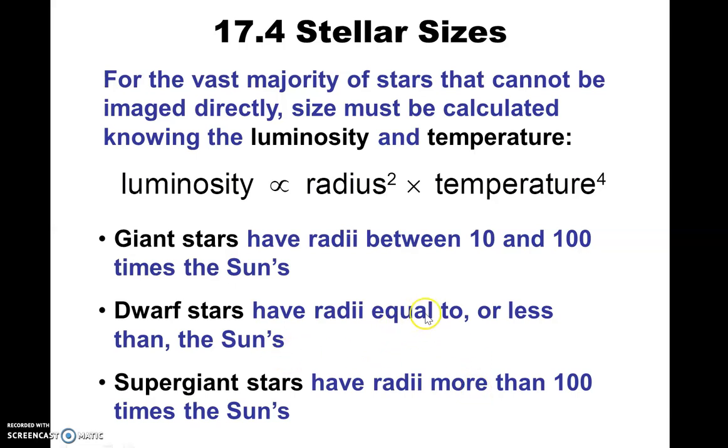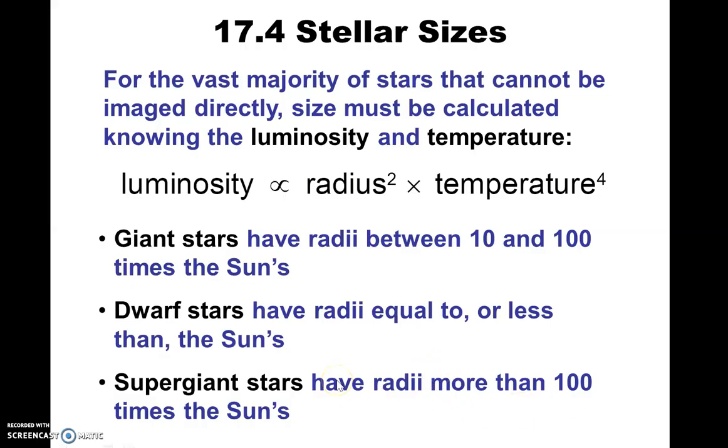Okay, so as I said in the last video, dwarf stars are the vast majority of stars. Then you get giant stars, anywhere between, let's say, 10 times the size of the sun to 100 times, and then there are much rarer stars which have more than 100 times the radius of the sun.